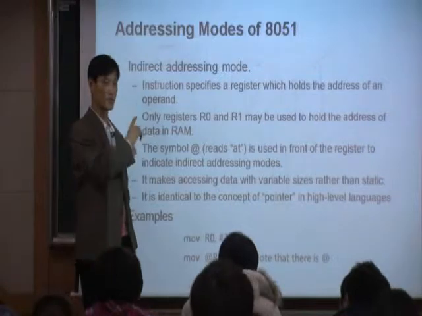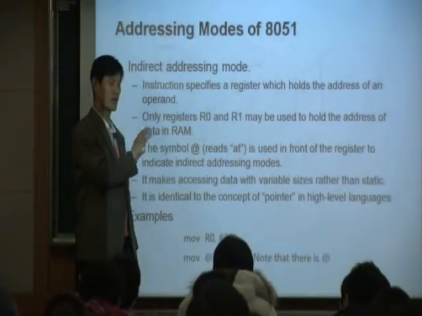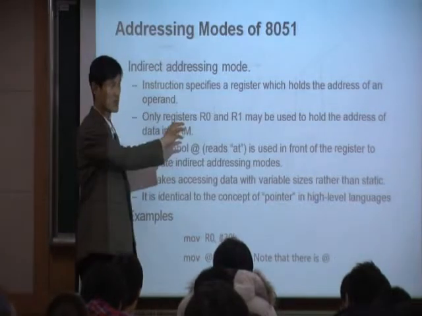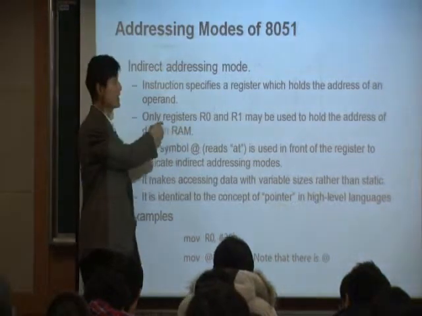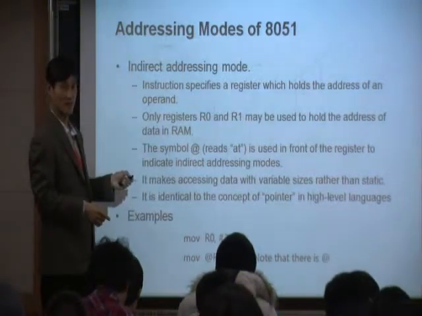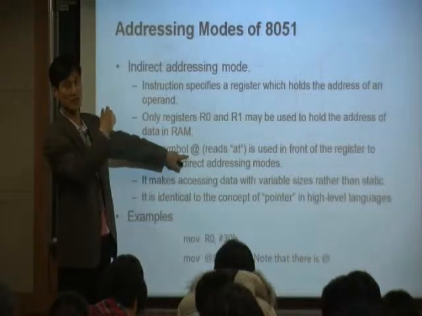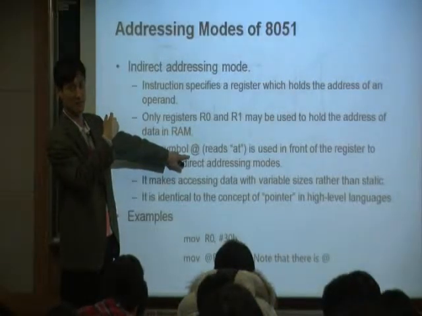Immediate addressing, we use the pound symbol. Direct addressing, we have no symbol. You just write the address, right? In indirect addressing, we use @. Okay, @ is the symbol for indirect addressing.